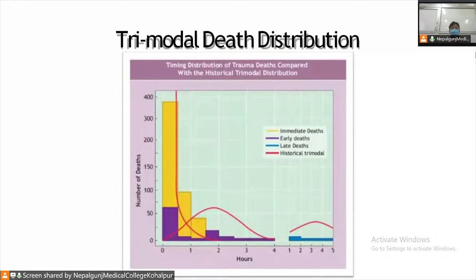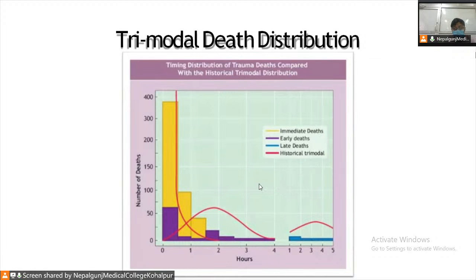Now, trimodal distribution of death. This suggests that people die in 3 stages. Immediately, within half an hour of the trauma, most of the patients die in the first early hours.